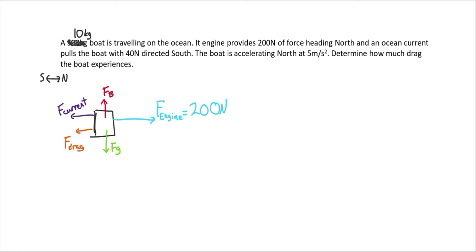Now, I'm going to make sure to put all the numbers that I absolutely know. For example, this current here, I know it's 40 newtons. That's all the numbers I absolutely know. Let's ask ourselves a question, because step 1 is done for our net force equation. Our free body diagram is done. But let's ask ourselves the question, what direction is this going in?